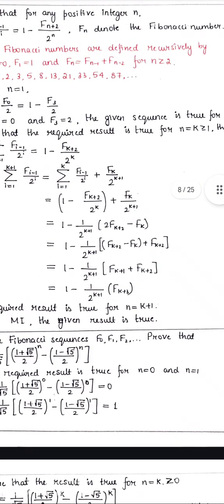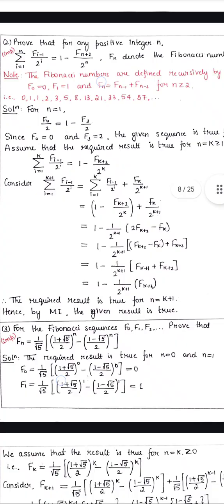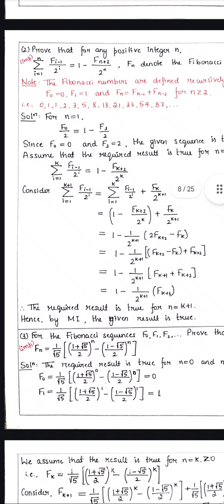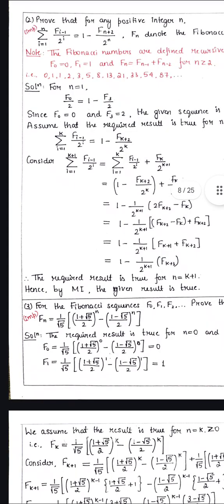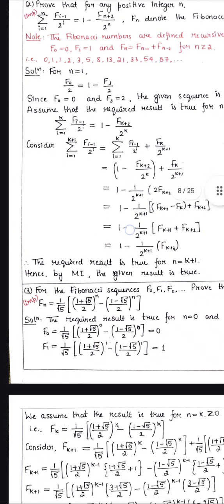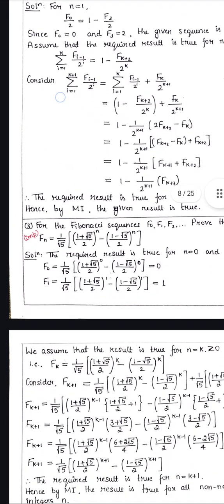That becomes f of k plus 2 minus f k, which will be f of k plus 1 plus f k plus 2, that becomes f k plus 3. That is equal to 1 minus 1 by 2 power k plus 1 of f k plus 3, that we found for k plus 1. The required result is true for n equals k plus 1. Hence, by mathematical induction, the given result is true.